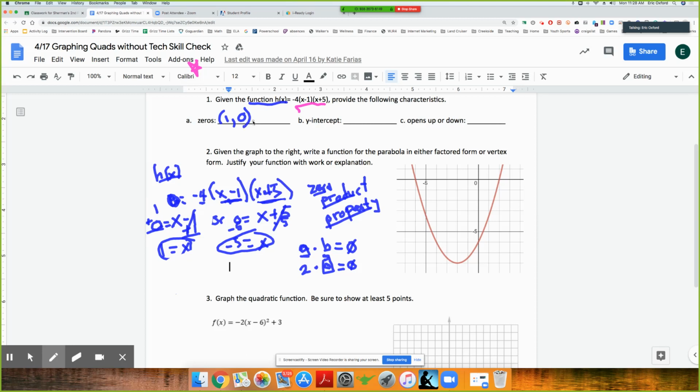Okay, so there's the first 0. We're putting it in ordered pair notation here. And my second 0 is negative 5. And we set x plus 5 equal to 0. So that's h of x set to 0. So that's also my second value right there. So those are your two zeros.